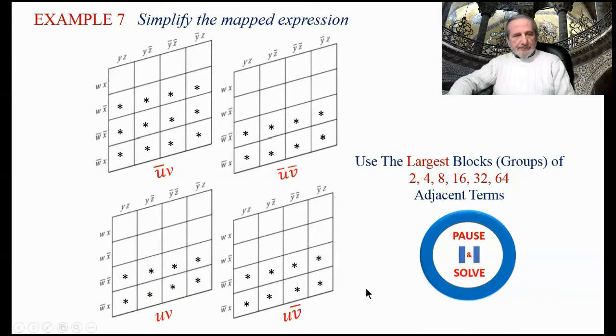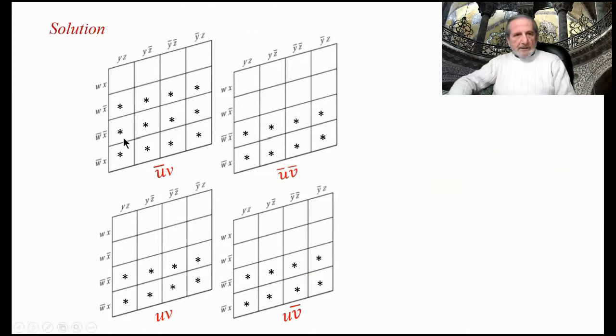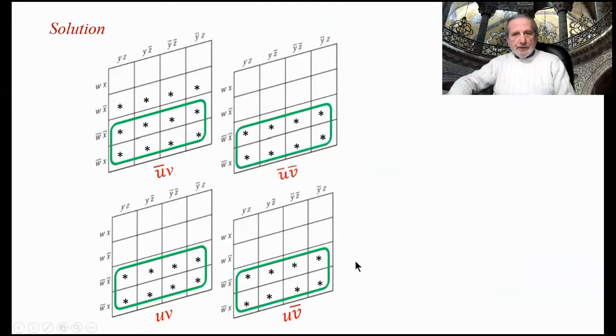Next, this is your turn. It's easier than the one before. Now you see, you take this 8, 8, 8, 8, 32 terms together. U, v, u bar, v bar cancel. Here, all of these cancel. Here, x cancels x bar, you get w bar.